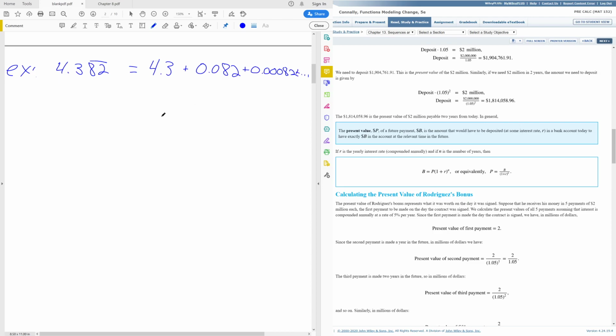Okay, so what does this become? Well, this 4.3 is just 4.3, plus, and now this is the part, because this is the repeating part, that I can write as my infinite sum. So I'm going to take the first part of this as my first term, and then I'm going to have to figure out what my multiplier is.